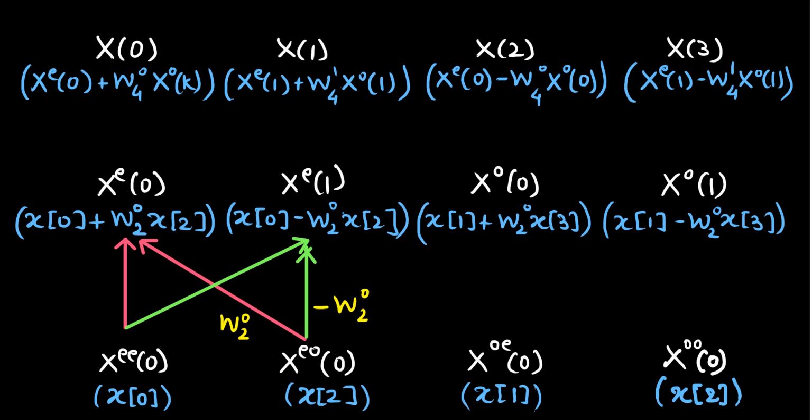Similarly, if we observe here, this x odd of 0 is constructed using this x of 1 and this x of 3, sorry, here it should be 3. So this x odd of 0 is constructed using this x of 1 and x of 3, so it can be represented like this.